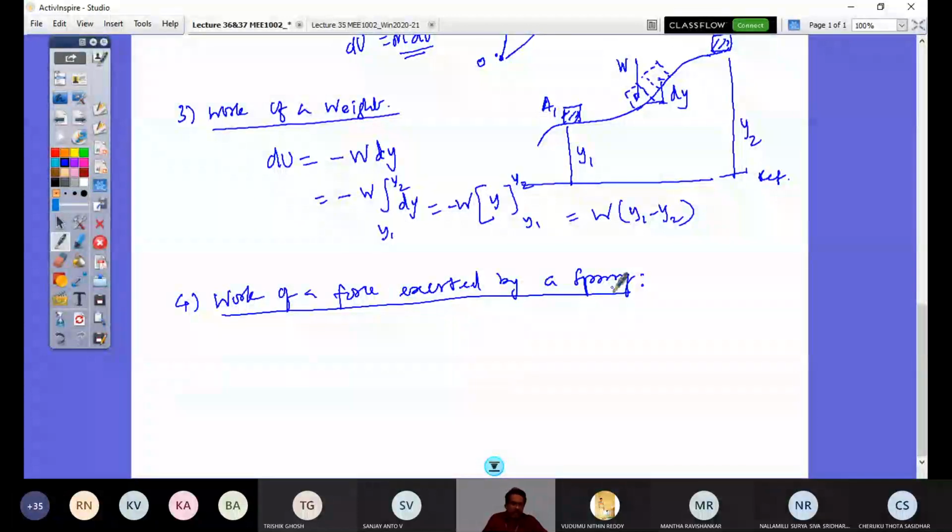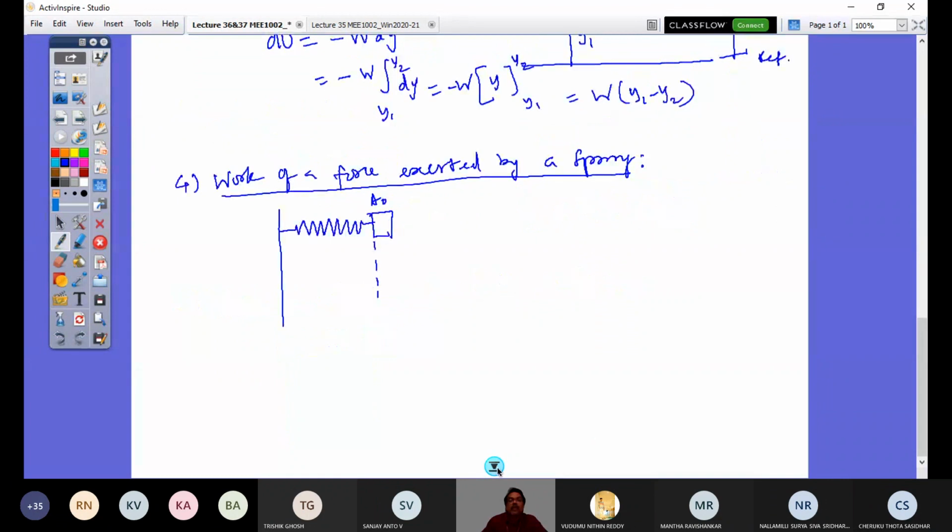So look at that. I have a spring on a horizontal platform and a block attached at the end of the spring. Say this is now the position A naught, let us say. So I'm going to give a displacement for this.